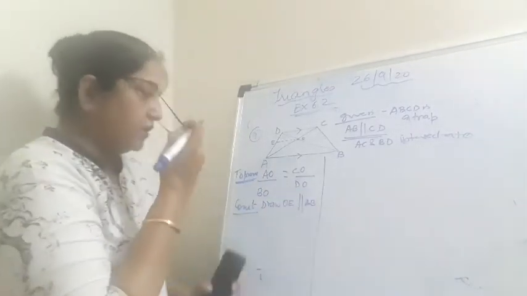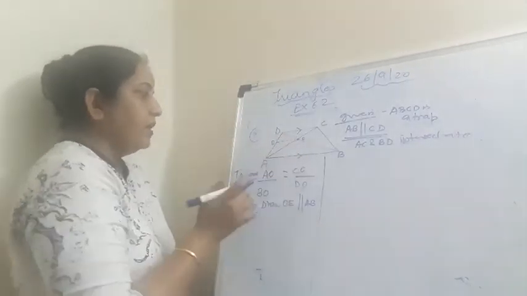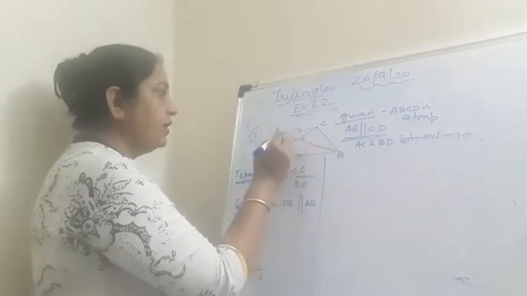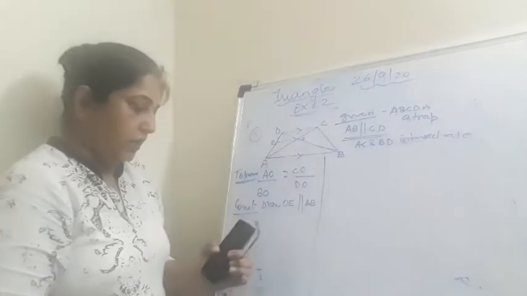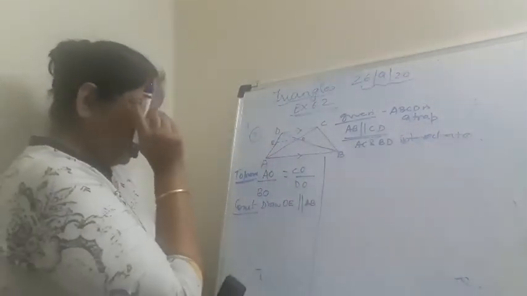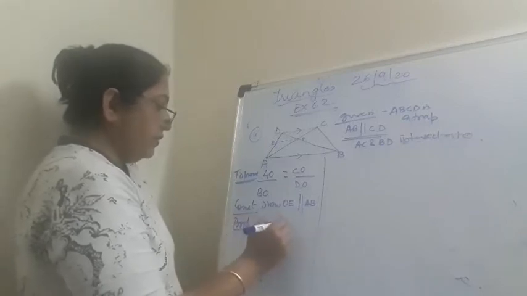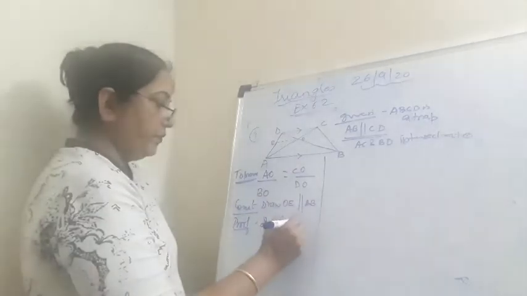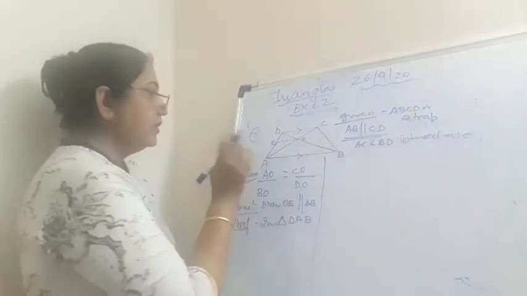Okay, we write draw OE parallel to what? AB. Now let us concentrate on this triangle. Which one? ADB or DAB. Now, let's start with the proof. In triangle DAB, yes, in triangle DAB, what is happening?